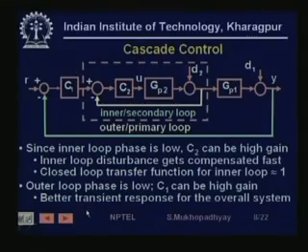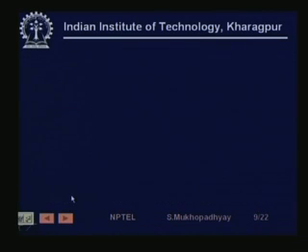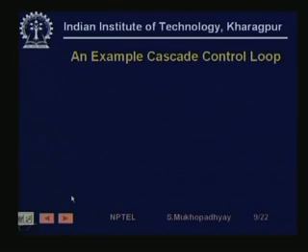And all this you are getting at the expense of an additional measurement, number 1, and number 2, a slightly more complicated control law. These are often very low prices to pay for better control of the process. Therefore, they are very widely used.